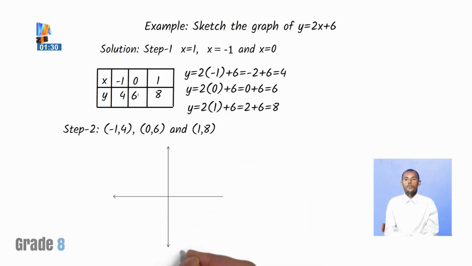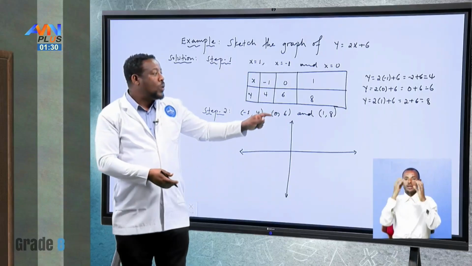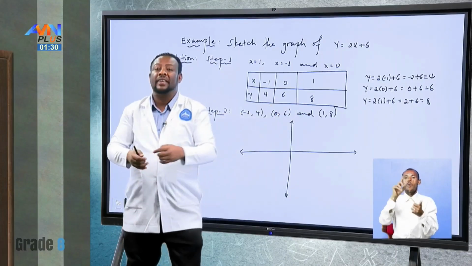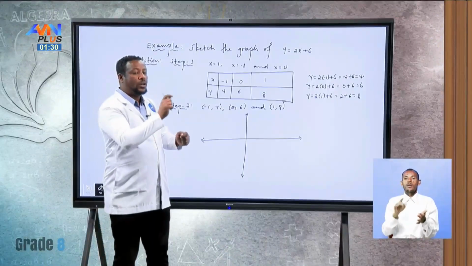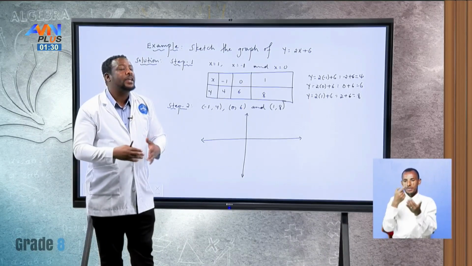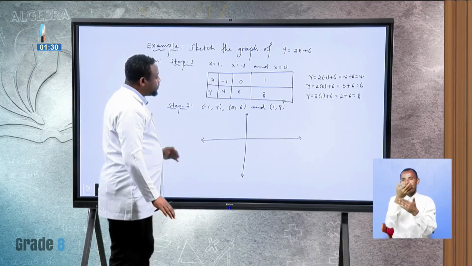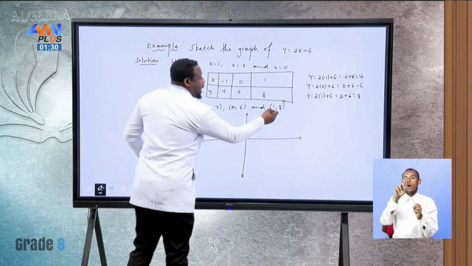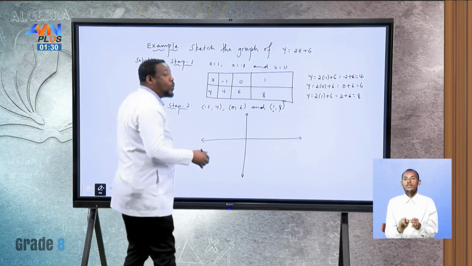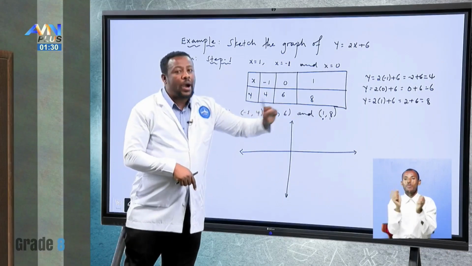As we have seen in our previous lesson, we know how (1, 8) is plotted on the Cartesian coordinate system. This is very important to sketch the graph of any function. So (1, 8) is a point in the first quadrant because both x and y are positive.